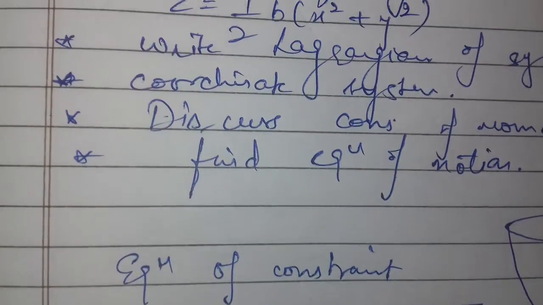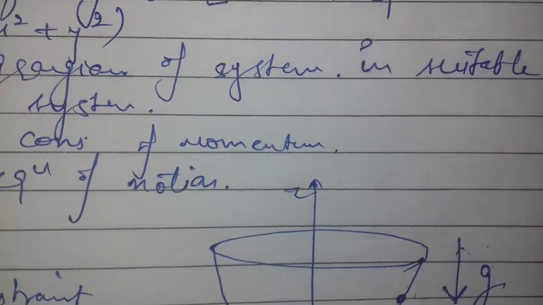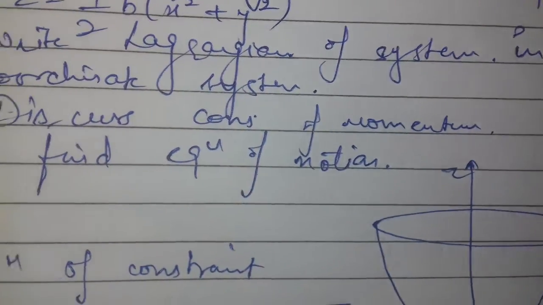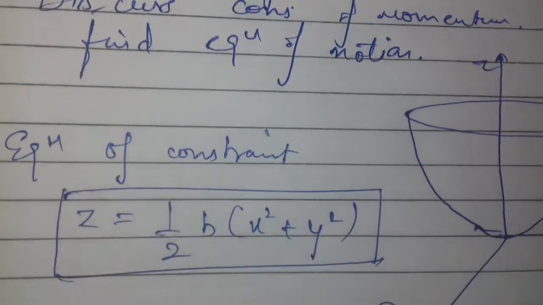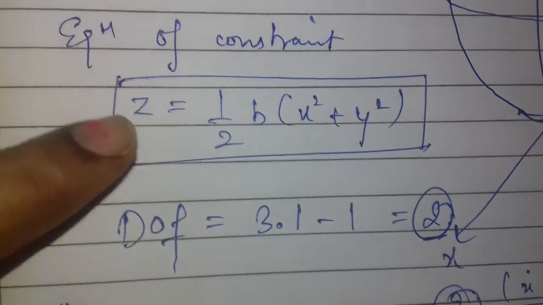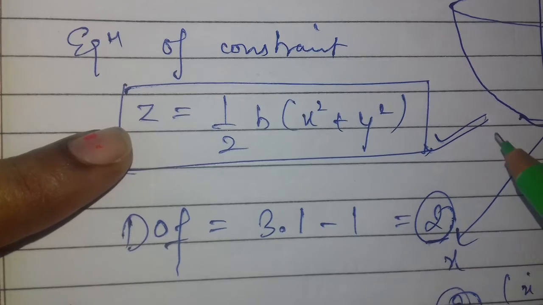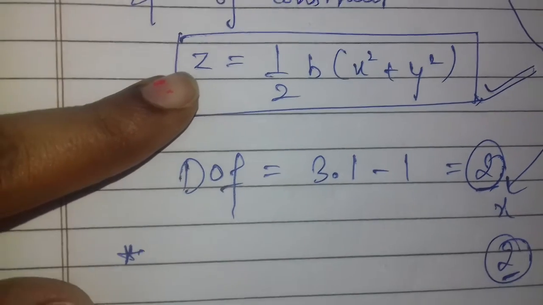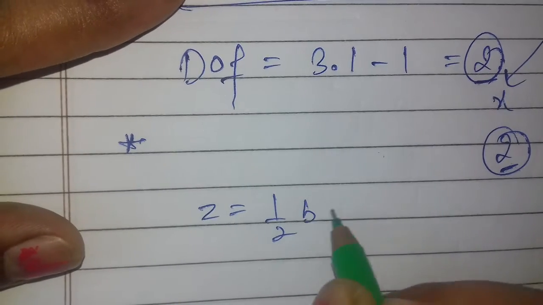But before that you should select your proper coordinate system, because in the question it is written, Lagrangian of the system in a suitable coordinate system. Suitable means you have to determine yourself which system is suitable for this question. So how will you determine? This is your equation of constraint. Try to write this equation of constraint in all 3 coordinate systems. If I write it in Cartesian, it will be the same, because it is already written in Cartesian.